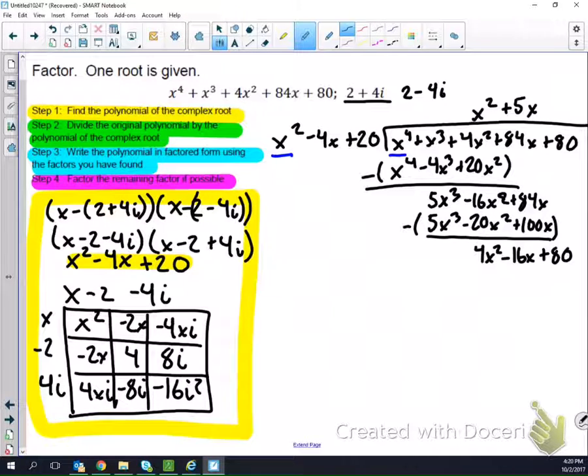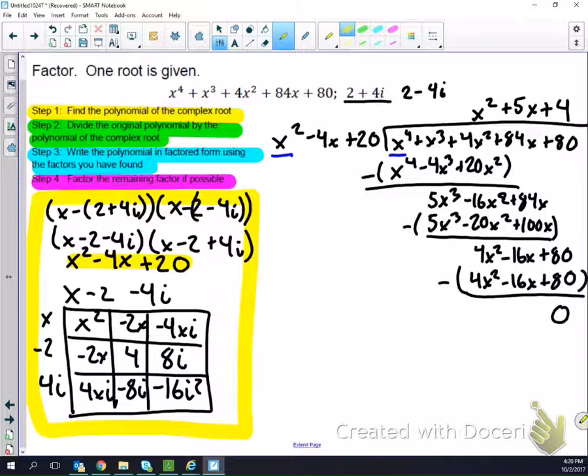All right, final step. So what times x squared gives me 4x squared? Well, that's a positive 4. So we'll have 4x squared minus 16x plus 80, which works out so nicely that we have 0 remainder. All right, so that's our step 2, doing that long division.